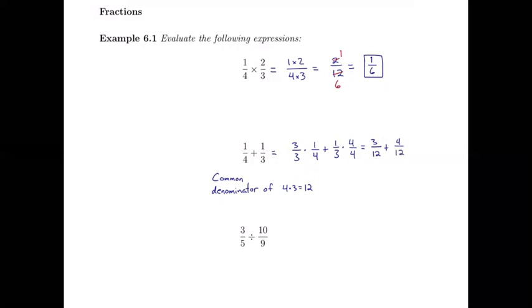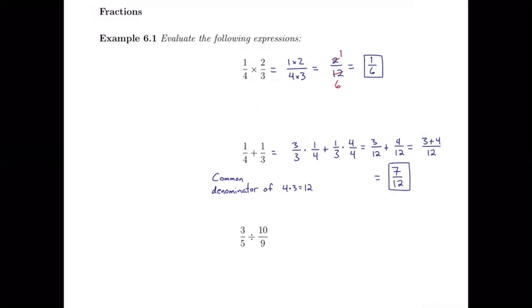Once two fractions have a common denominator, their numerators can be added over that common denominator. We don't add the denominators, we just add the numerators. So the denominator remains as is, and we add the two numerators. This results in 7 over 12. And that's the answer to that one.